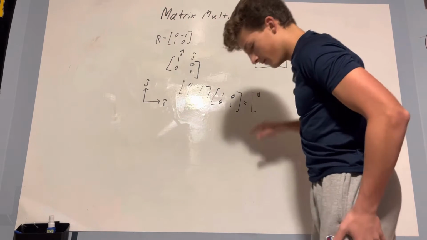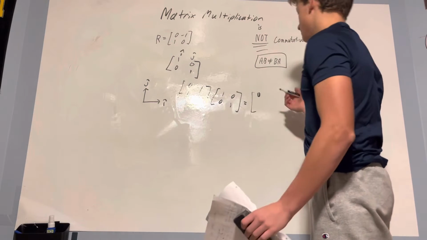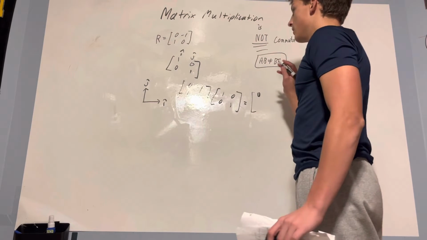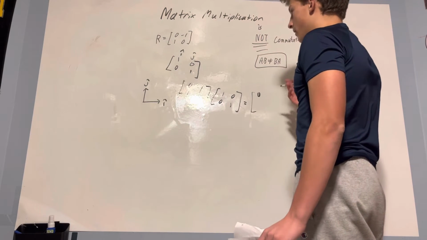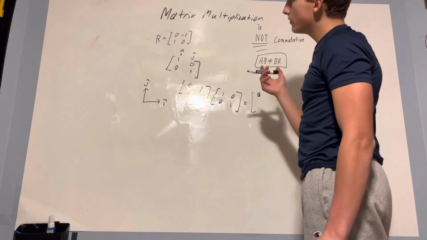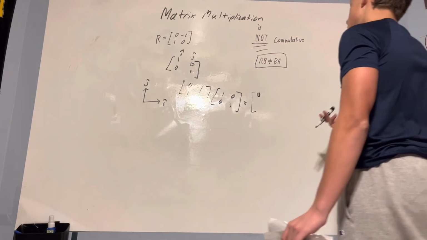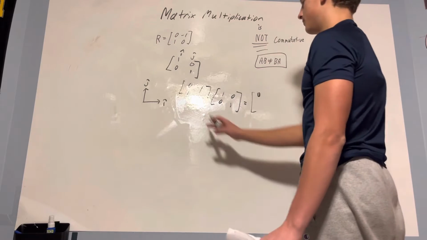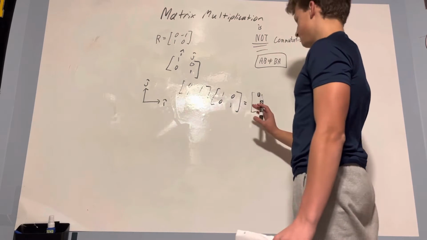So this new entry goes in the top left of the new matrix. The rows of the first one is 2 and the columns of the second one is 2, so a 2 by 2 matrix results from this matrix multiplication.